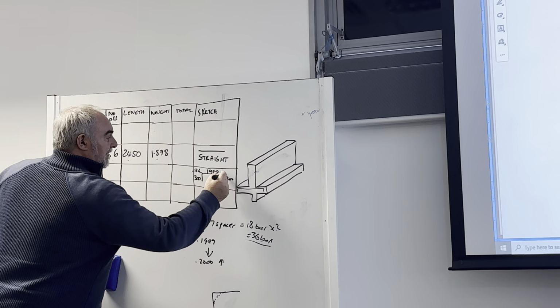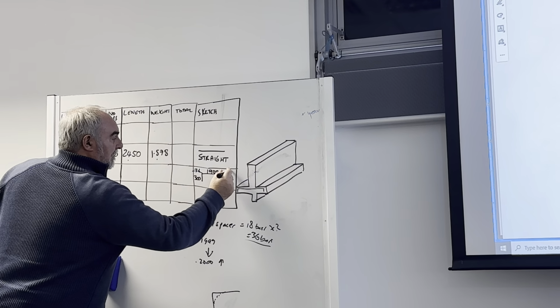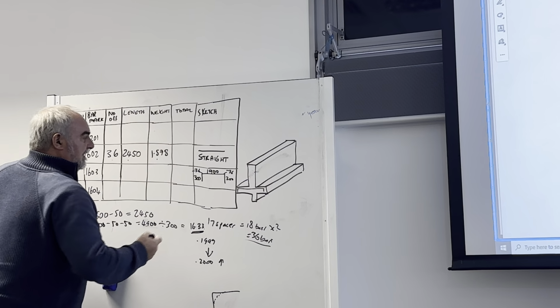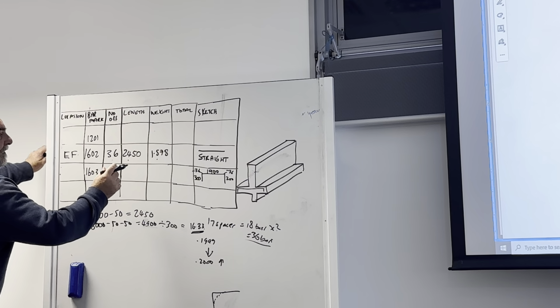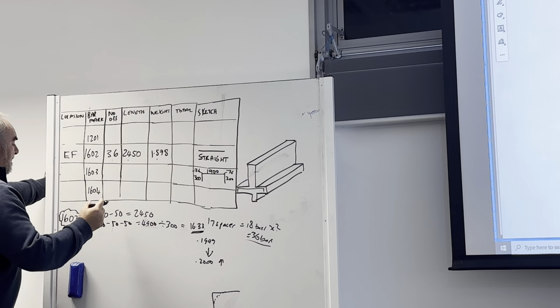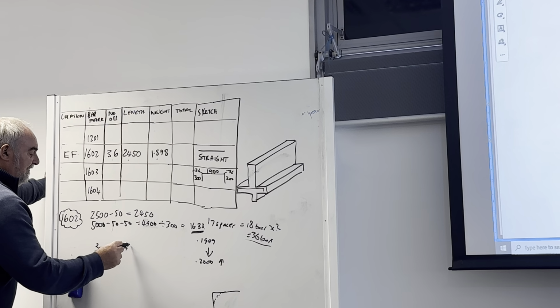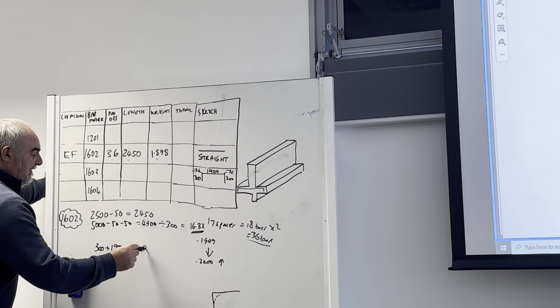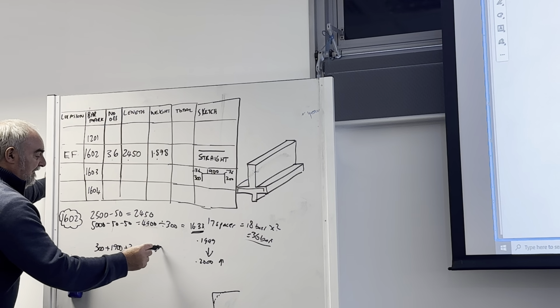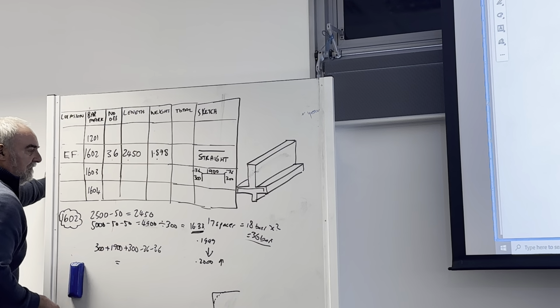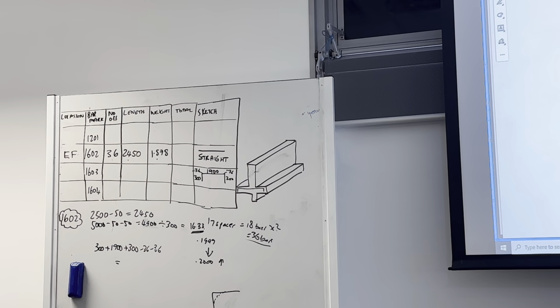The calculation to find out the total length is 300 plus 1900 plus 300 minus 36 minus 36 equals. I need someone to give me that, please.